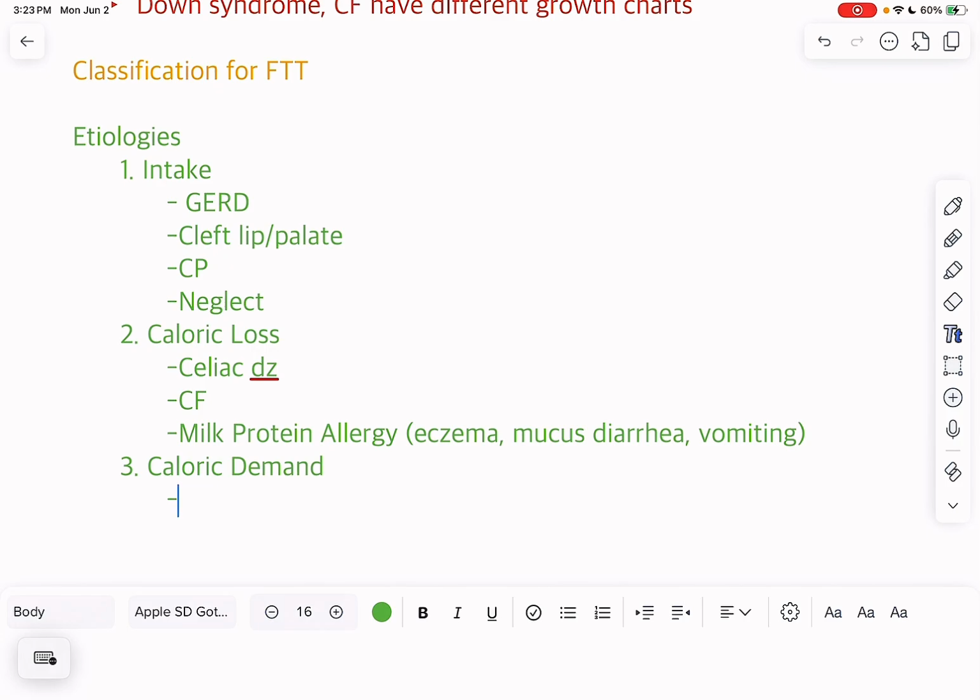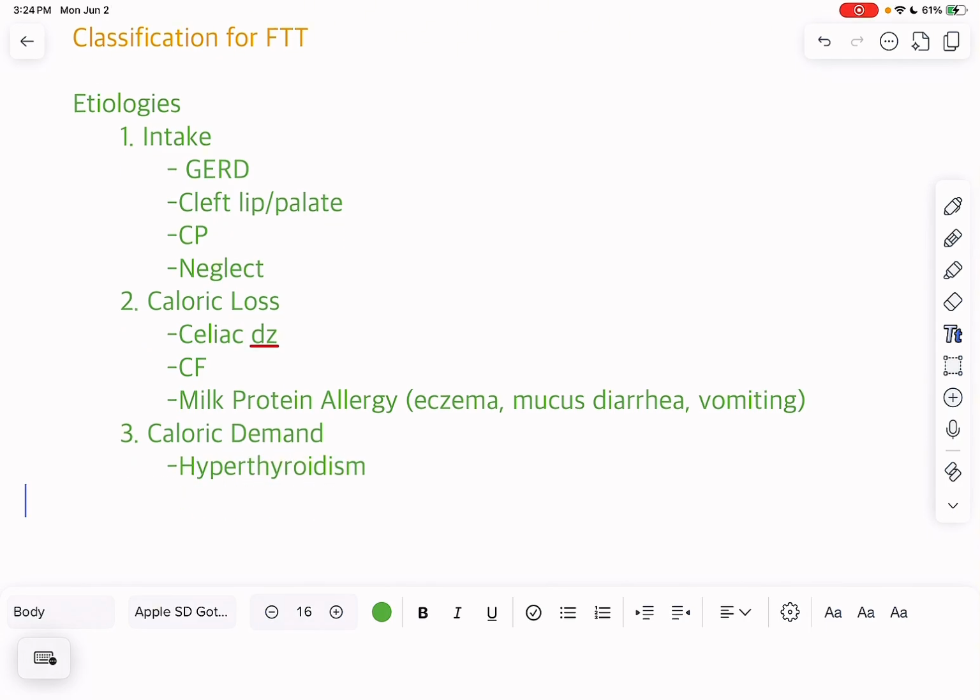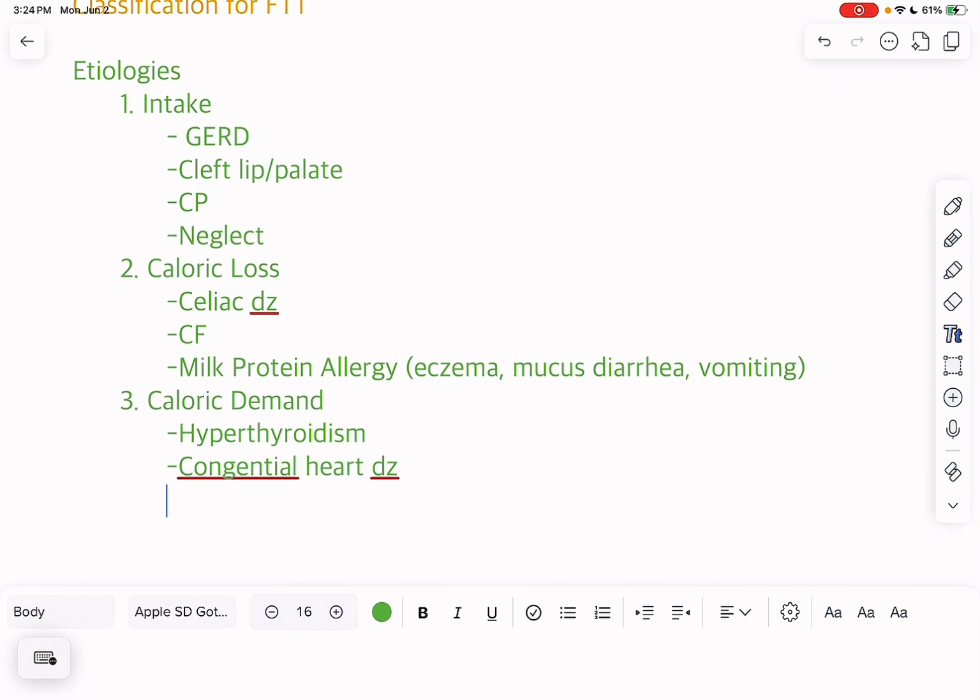And then finally, leading to increased caloric demand. So remember the windmill that has increased energy demand. So things like hypermetabolic states like hyperthyroidism, things like congenital heart disease even, as well as chronic lung disease, sepsis. These are all conditions in which the body is needing more energy to expend, to contribute to vital functions, essentially.